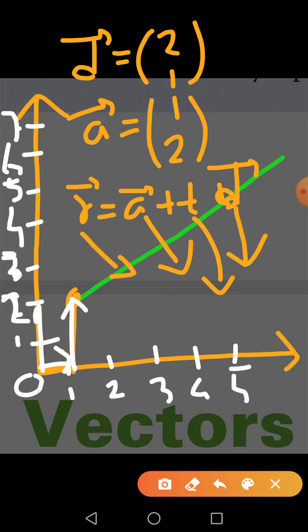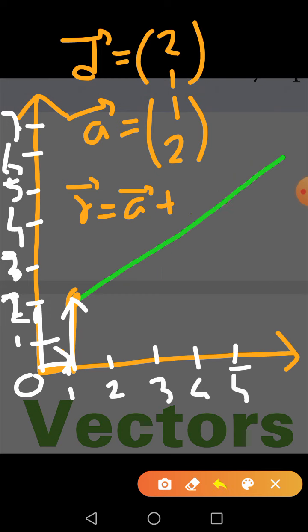Now, I am asking you to find the coordinate of a point which is situated 5 steps away from A. How would you find the coordinate of the point?